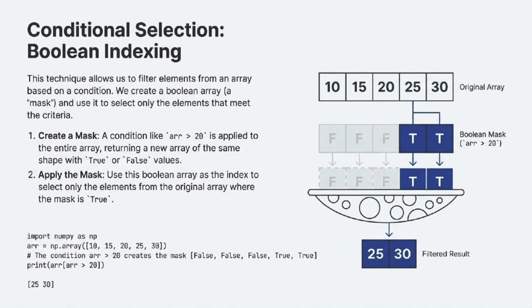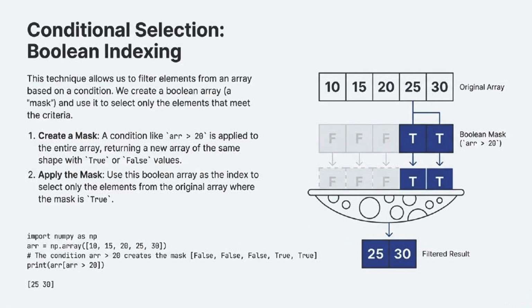Boolean indexing allows us to select only the values that satisfy a given condition. It works by creating a true or false mask and filtering the array based on that mask. NumPy is imported and an array arr is created with values 10, 15, 20, 25 and 30.